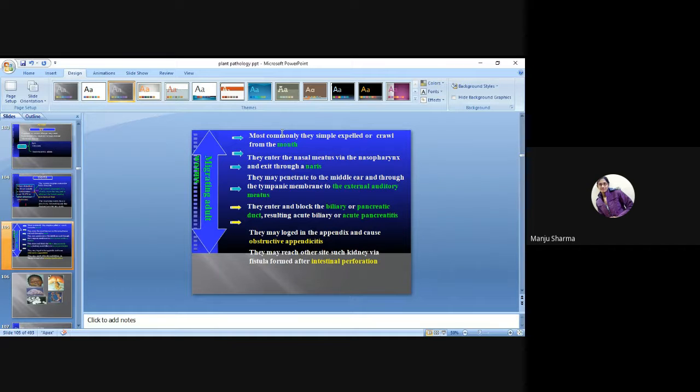They may enter and block the biliary or pancreatic duct, resulting in acute biliary disease or acute pancreatitis. They may lodge in the appendix and cause obstructive appendicitis.